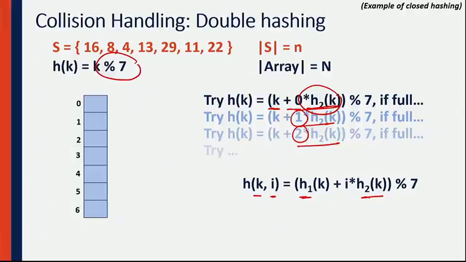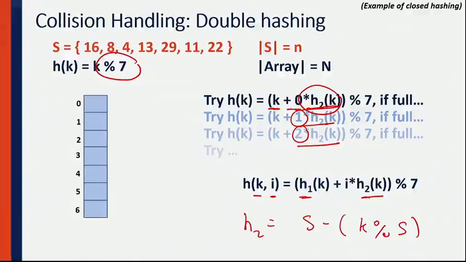So one can imagine that our second hash function might be 5 minus our key mod 5. Here we know that k mod 5 has the output range of 0, 1, 2, 3, or 4. So 5 minus 4 is 1, 5 minus 0 is 5. So our step function is going to be 1, 2, 3, 4, or 5 when we do double hashing.